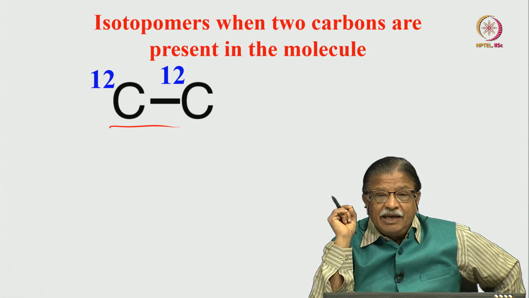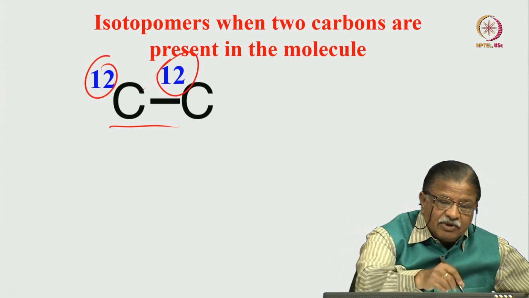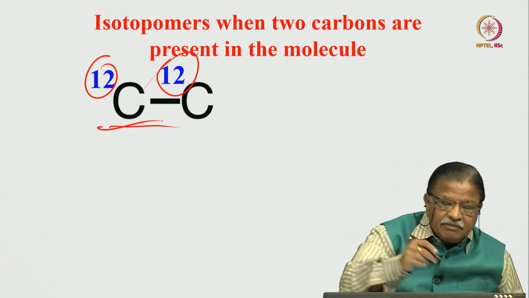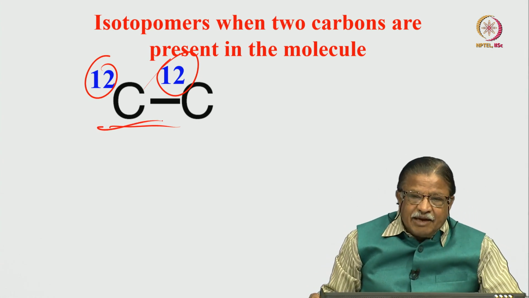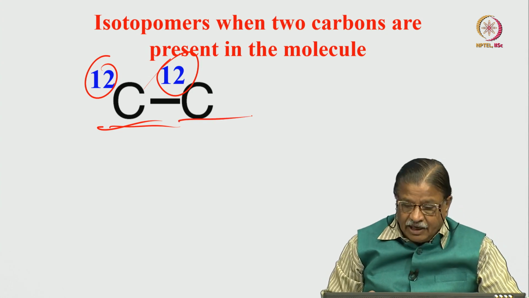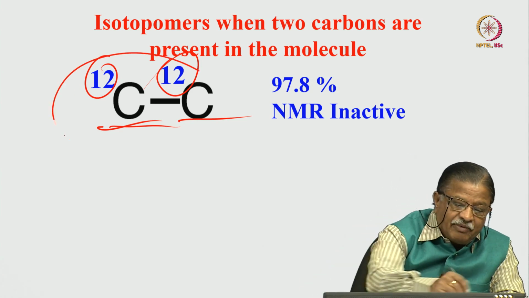There is a large possibility that both carbons are carbon-12, and the probability is high because each carbon has 99% abundance of carbon-12. The possibility of this is 97.8%; 97.8% of the time you will have this type of molecule.